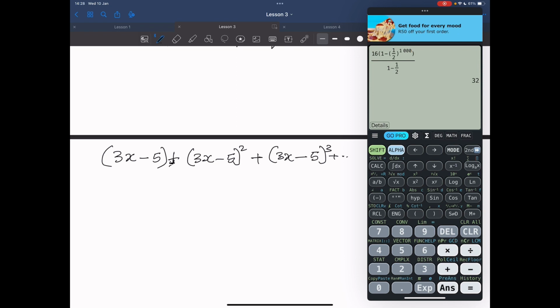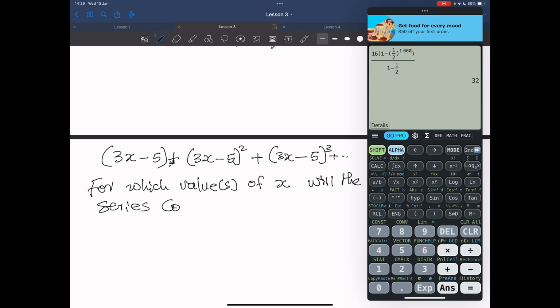Now the question is, for which value or values of x will the series converge? For which values of x will the series converge?